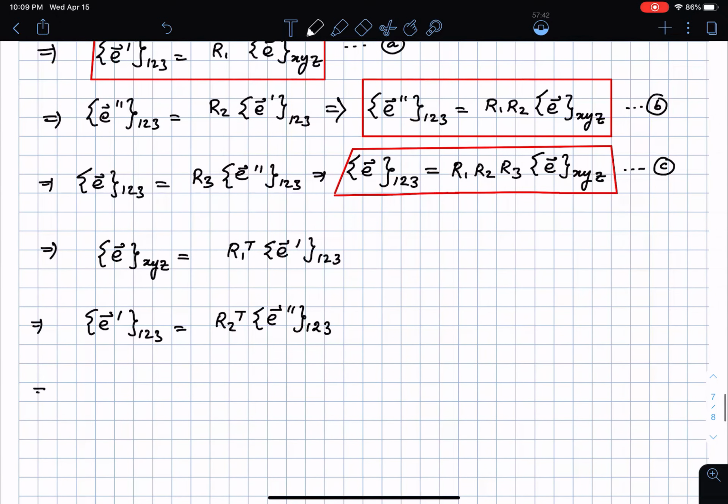And lastly, e double prime 1 2 3 is going to be r3 transpose times e 1 2 3. These are also fairly important equations which we will be making use of as we go further.